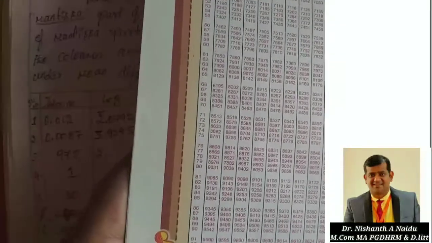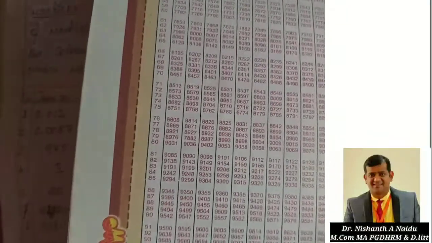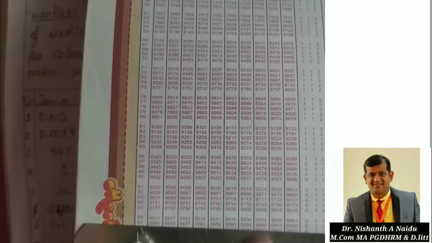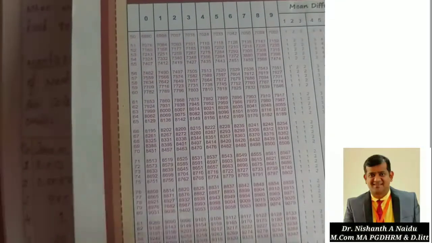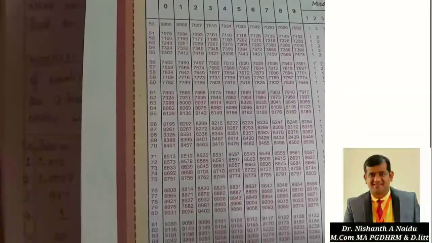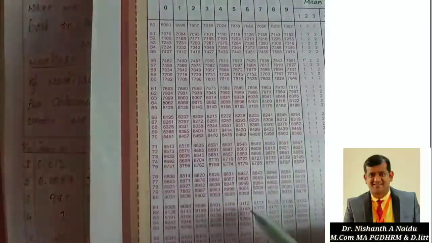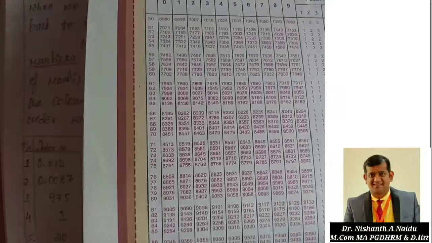So I'm going for the 97th column, and the 5th row is this, so I'm coming in this row. Yes, 97, 5th row.